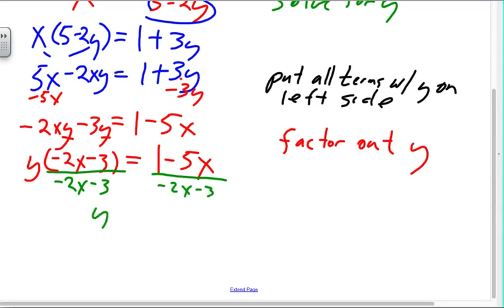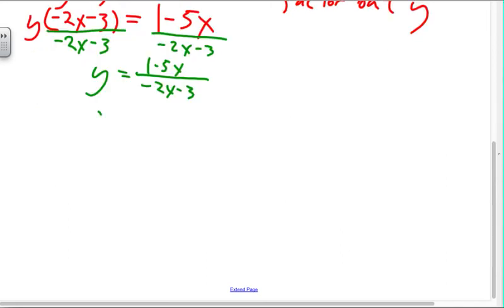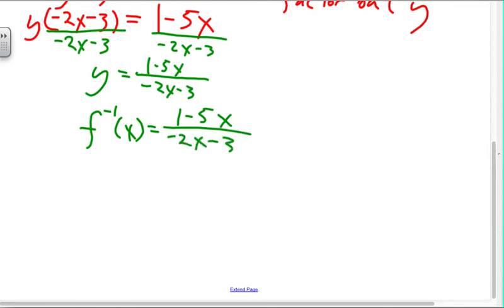So now I'm left with y equals 1 minus 5x over negative 2x minus 3. And then my last thing is to do the inverse. And you're done.